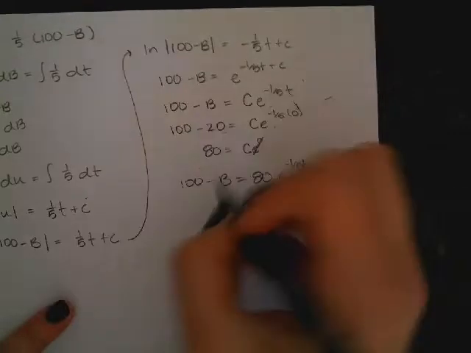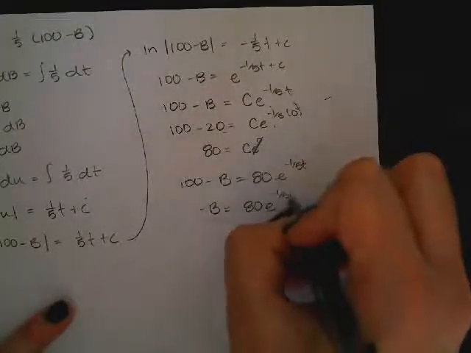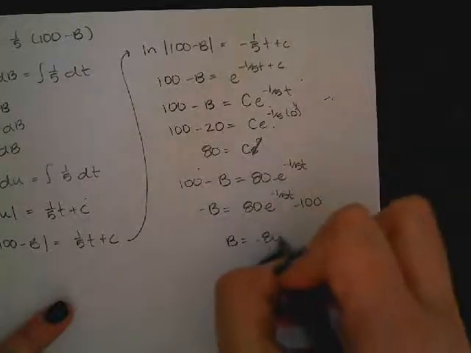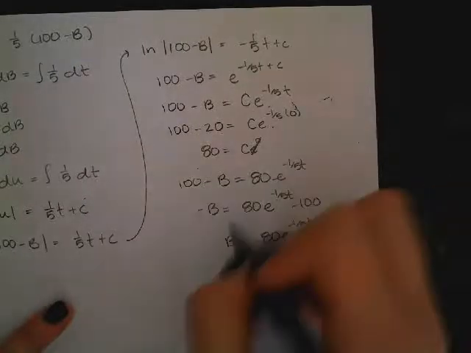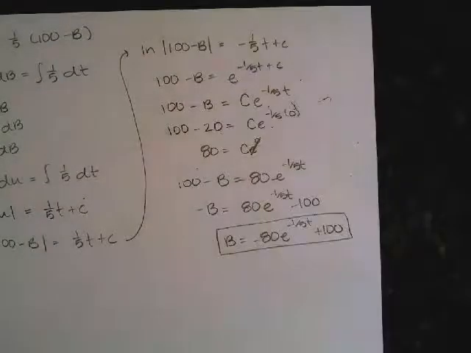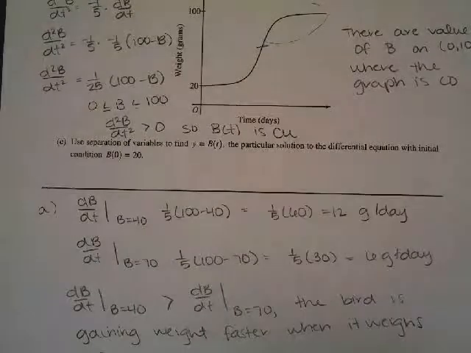Then I can subtract the 100 over. All right, and then there's my equation. Double check, I was not supposed to plug anything back in, and so I'm good.